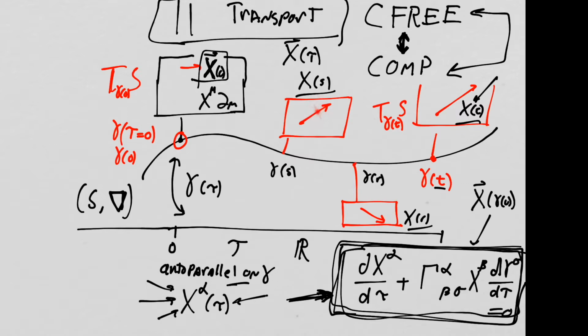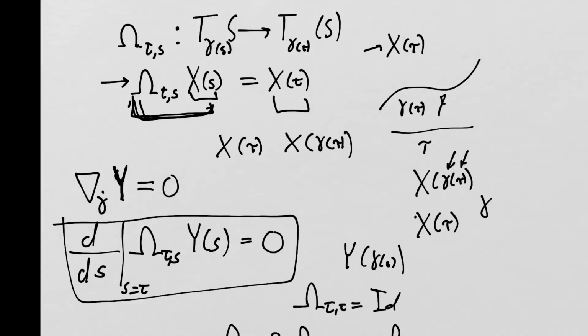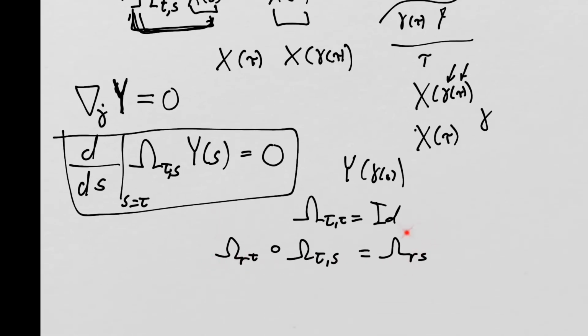There's only one parallel vector to this initial vector at this point. And if you parallel transport that to here, there's only one parallel vector that's going to be parallel to this one. So to go from here to here to here, you've got to go through the same batch of parallel vectors. It's because the differential equation has a unique solution, and that ultimately translates into this statement here, that the operator from s to t followed by the operator from t to r is the operator from s to r.